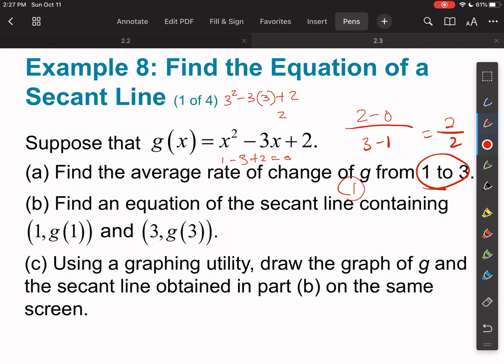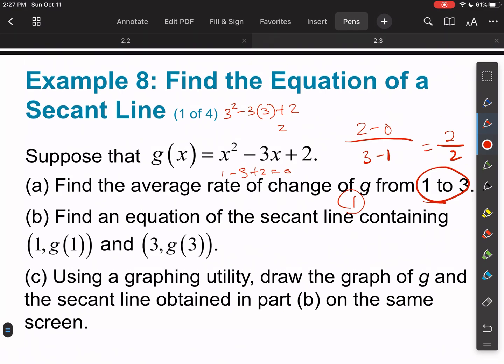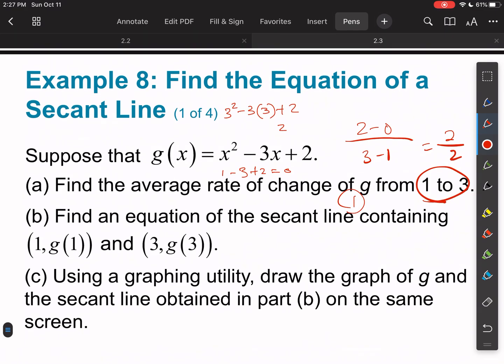It says then find an equation of the secant line containing 1 comma g of 1 and 3 comma g of 3. And then use a graphing utility to draw the graph of g and the secant line obtained. So now I know my slope, you guys.